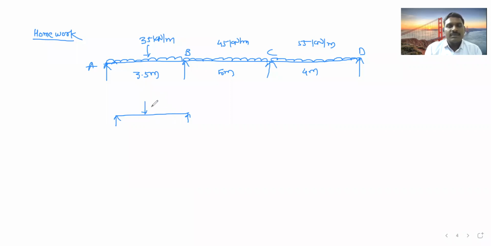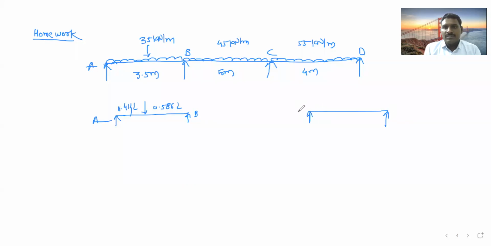Please see the last example. From A, 0.414 L. It means for the end support, from the end supports it will be 0.414 L, and from the continuous supports, it will be 0.586 L. So this is for AB.